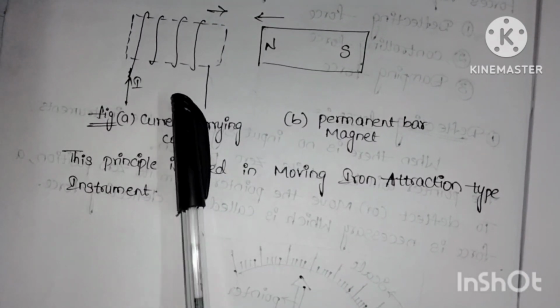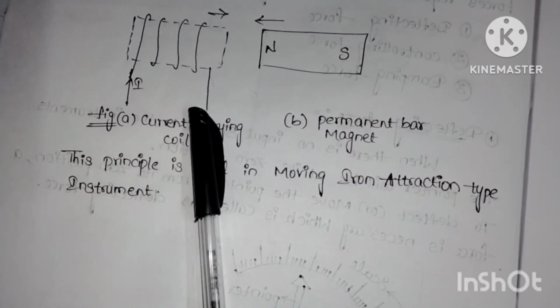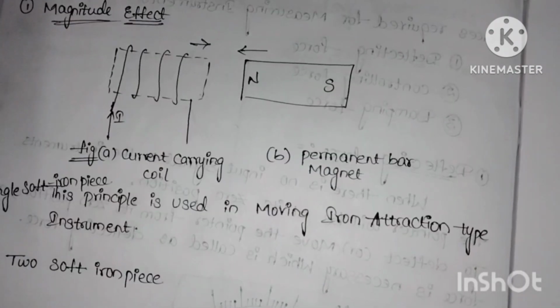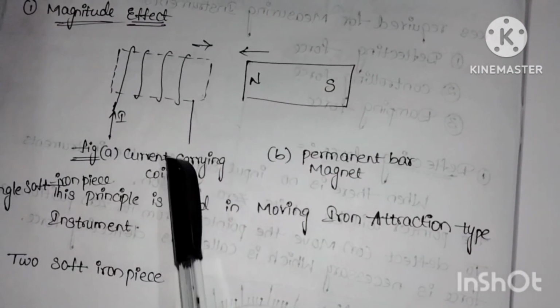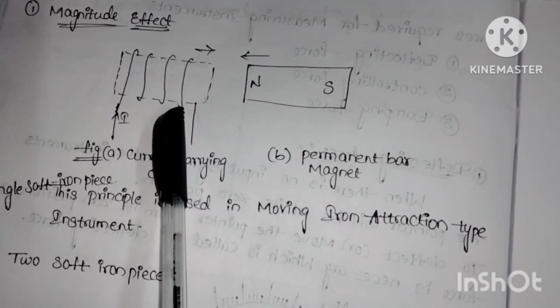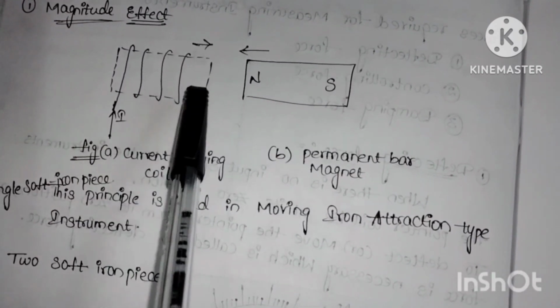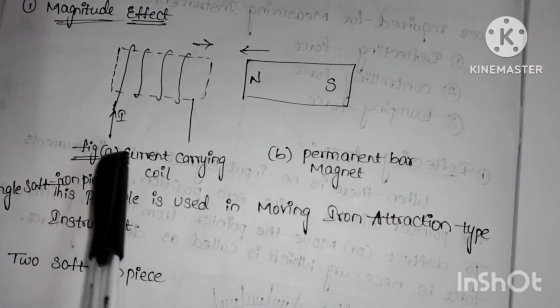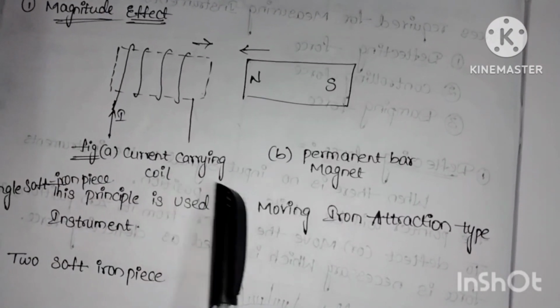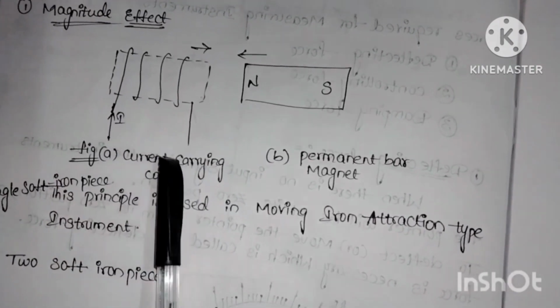Then there will be a force of attraction. If two soft iron pieces are brought near the current carrying coil, there will be a force of repulsion between the two soft iron pieces. This principle is used in the moving iron repulsion type instrument.